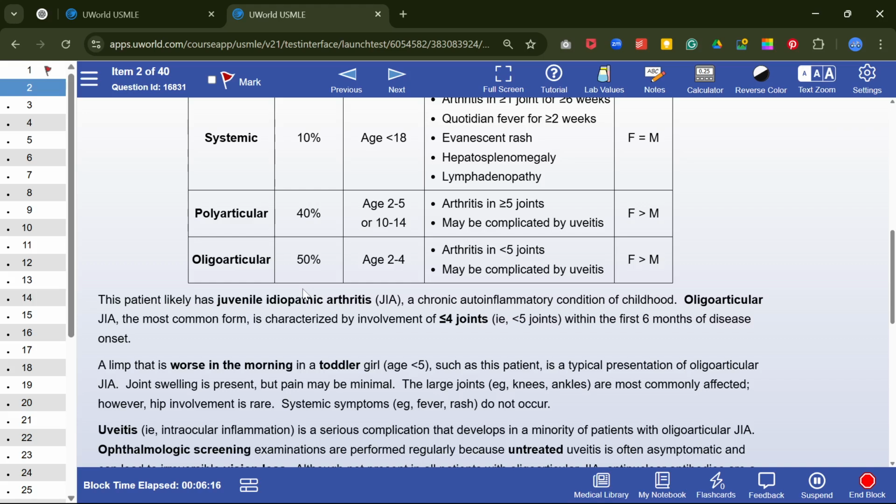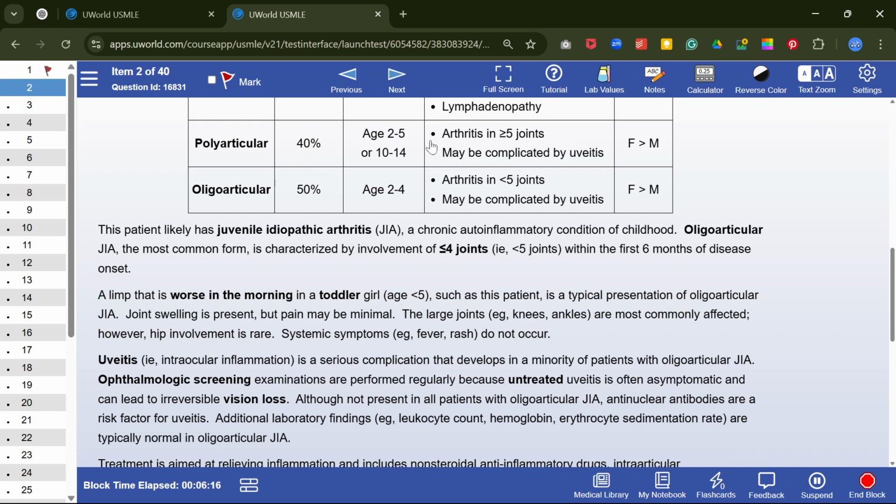A limp that is worse in the morning in a toddler girl, such as in this patient, is a typical presentation of oligoarticular JIA. Joint swelling is present, but pain may be minimal. The large joints, knees and ankles, are the most commonly affected. However, hip involvement is rare. Systemic symptoms, fever, and rash do not occur.